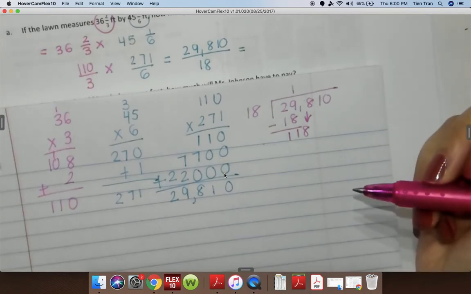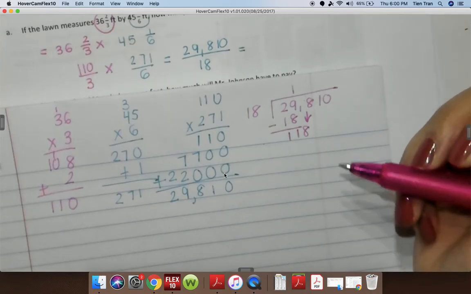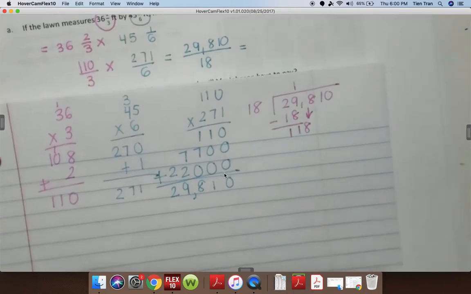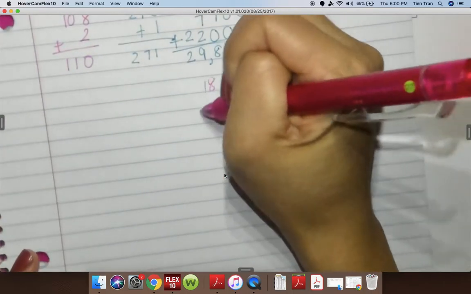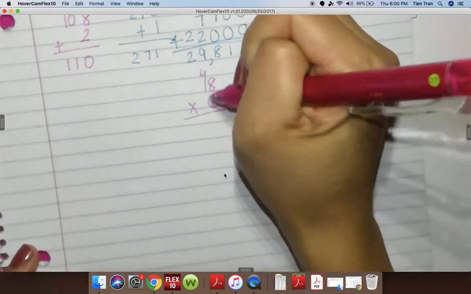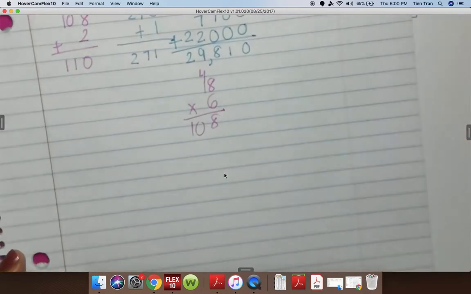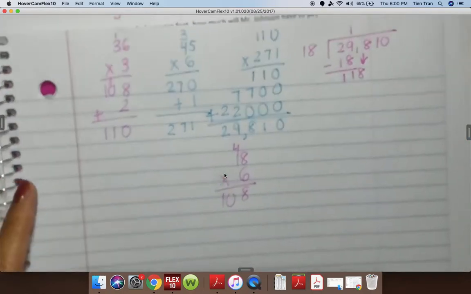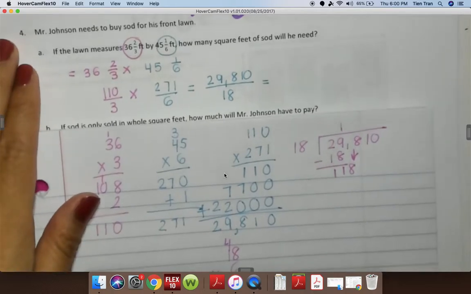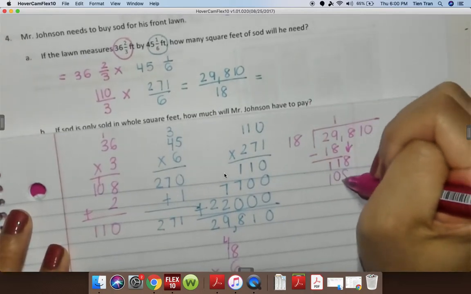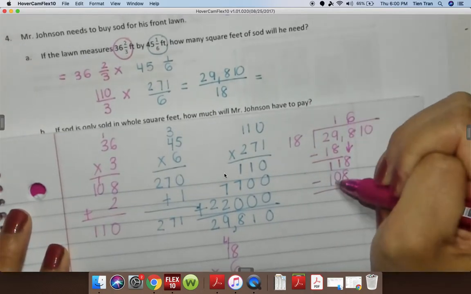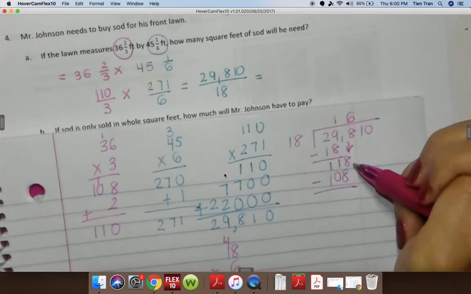I'm going to try 6 times. So 18 times 6 is going to give me 108, which is correct. I'm going to subtract 118 minus 108.